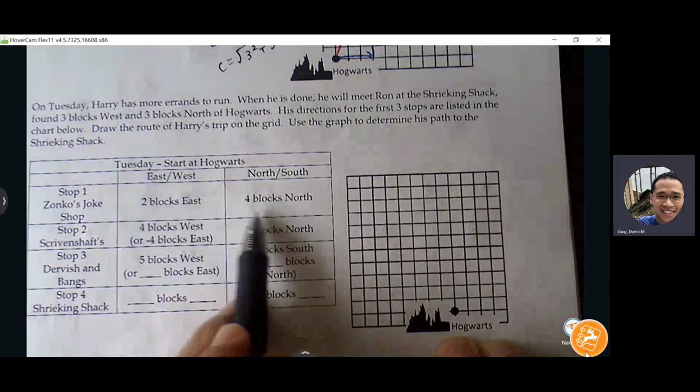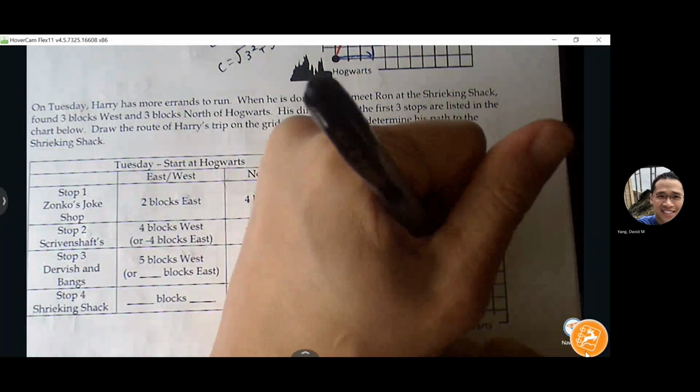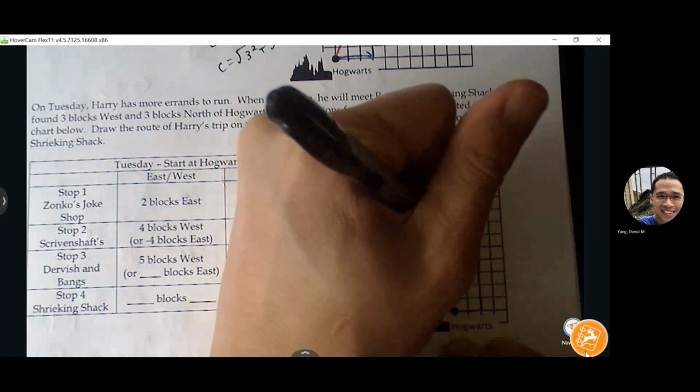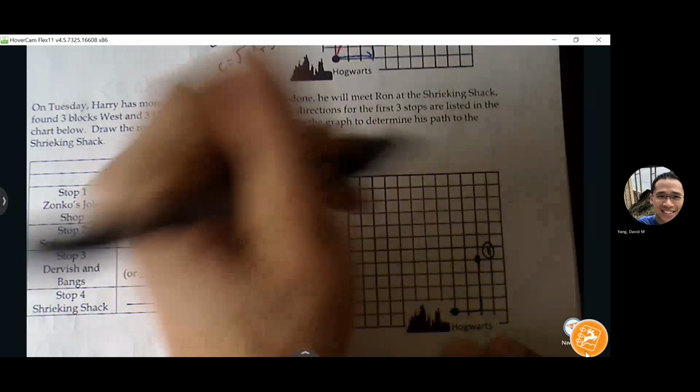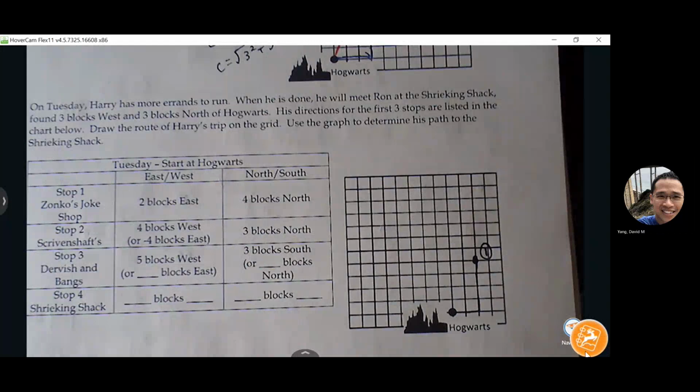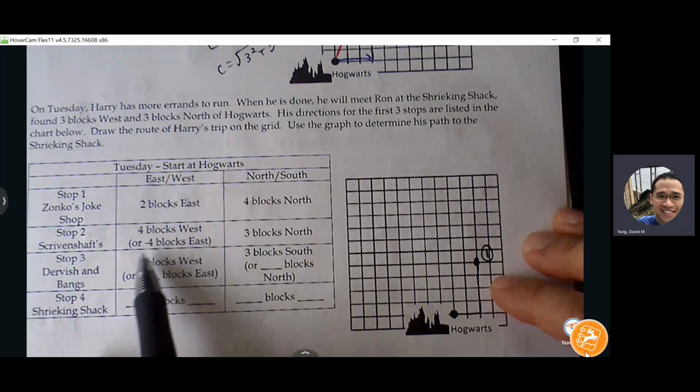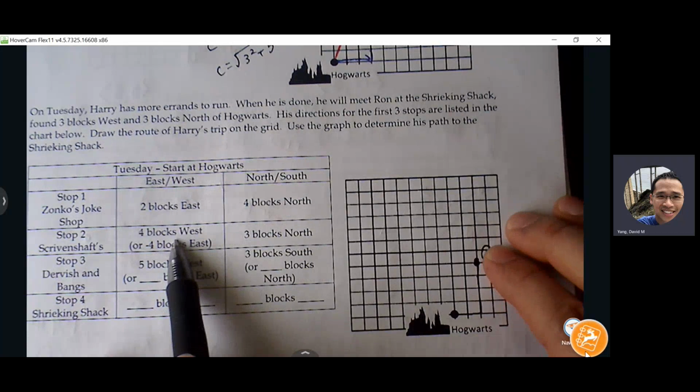Okay, so stop 1 is 2 blocks east, 4 blocks north. Okay, 4 blocks west, so west is left.